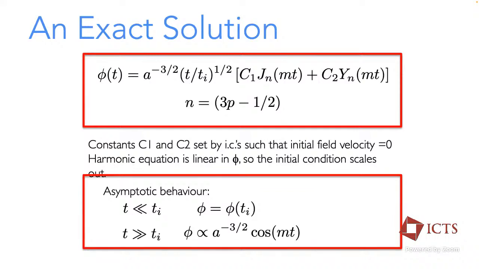If you just take this solution, cosine there, then we have sine squared plus cos squared equals 1. So rho just goes like a to the power minus 3. So although the field is oscillating, the energy density does not. The energy density scales like the scale factor to the power minus 3, like matter, which it should do if this is going to be a dark matter candidate.